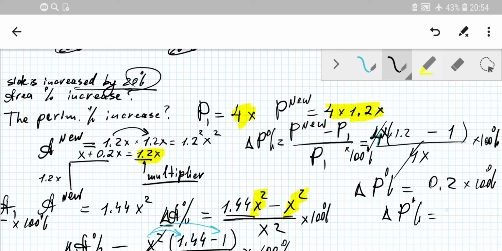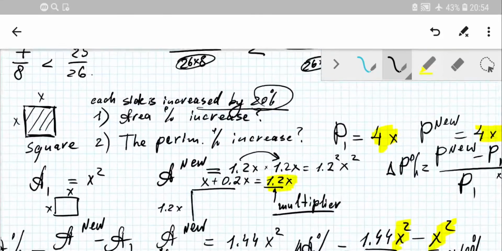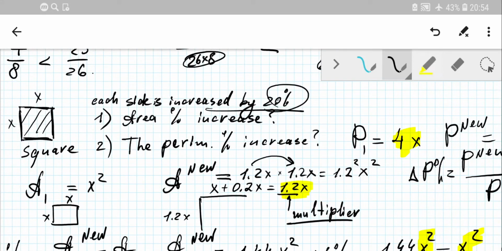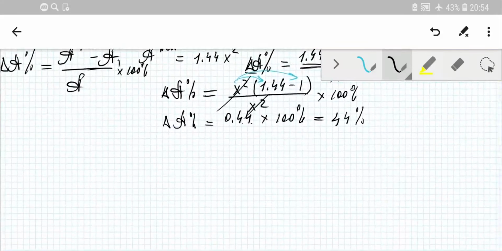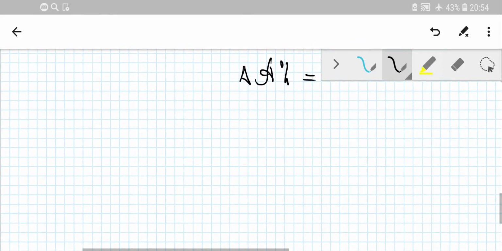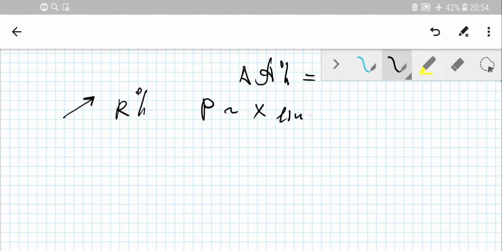So one more time, the recap, or outcome that you can work out from here. If you have increased one side, the linear size, by some percentage rate, let's say an increase by some rate r, then the perimeter becomes proportional to the linear size.